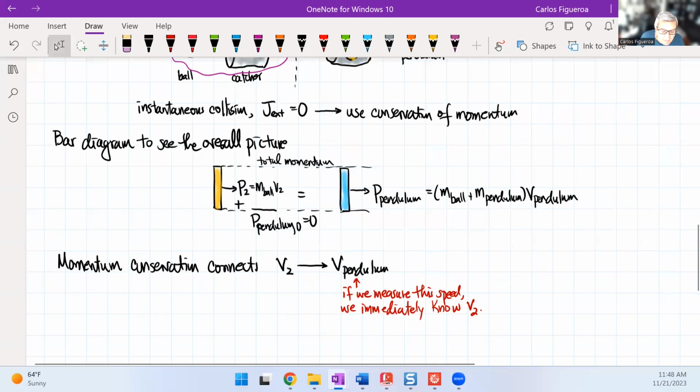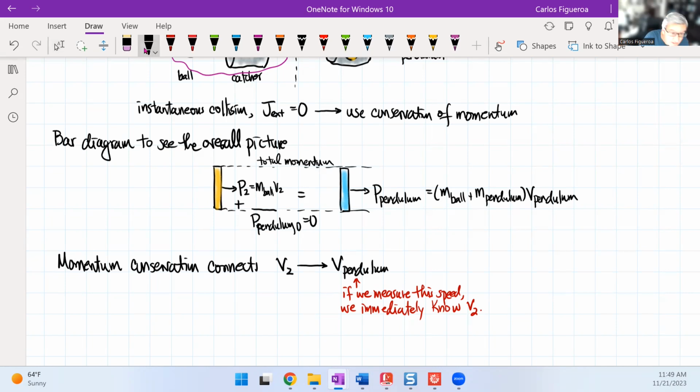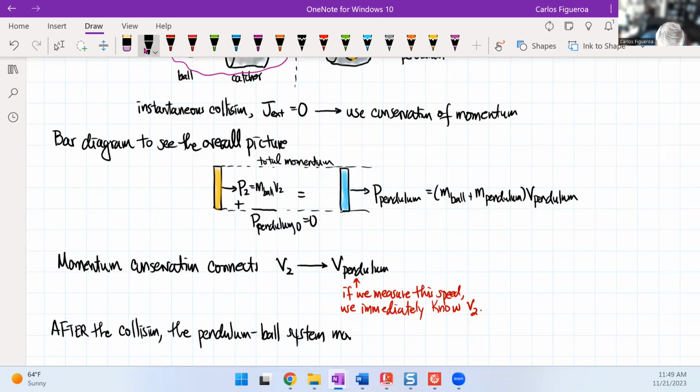So now that's said here, I could now go into what happens after the collision. So now, after the collision, the pendulum ball system moves upwards.